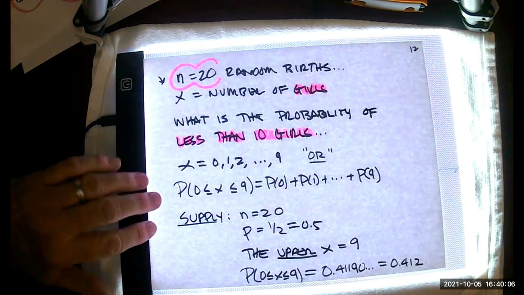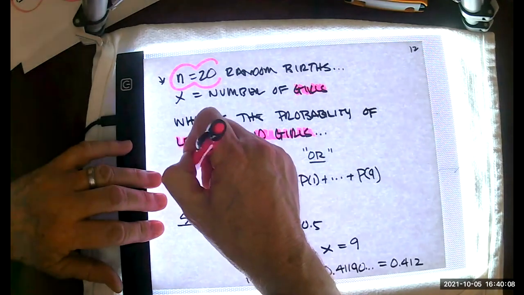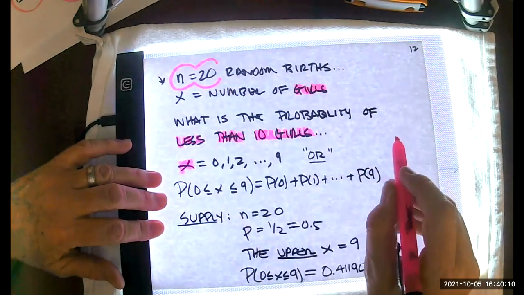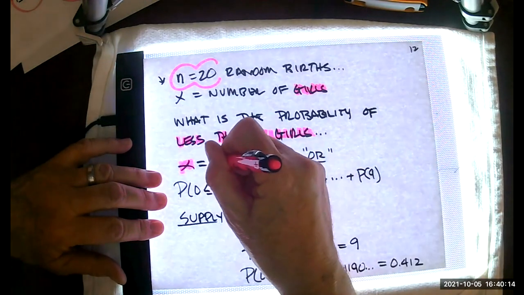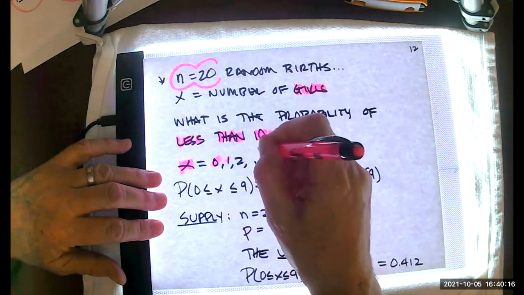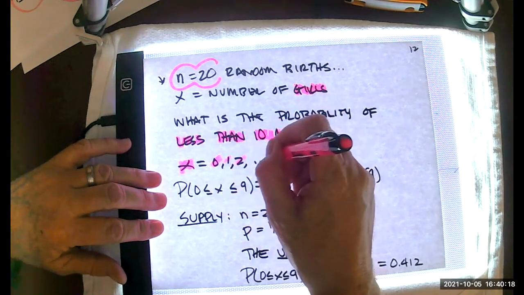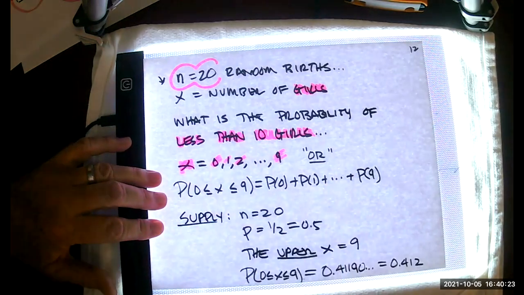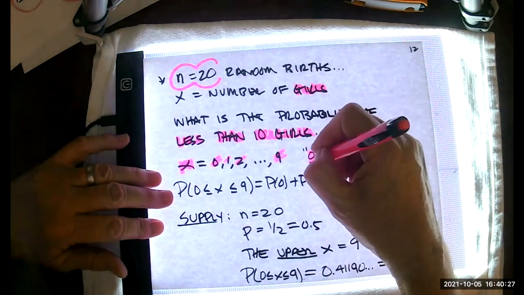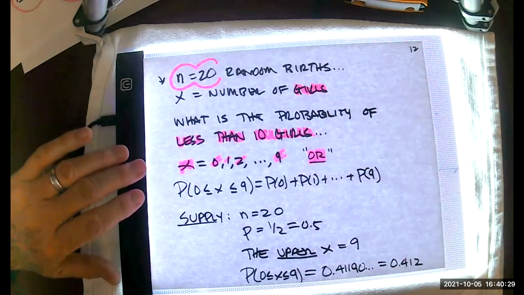That means that we are interested in births. When we're looking at those 20 births, we're interested if we see no girls, or one girl perhaps, or two, or all the way out to 9, because 9 is the last whole number that is less than 10. Notice my use of the word or.